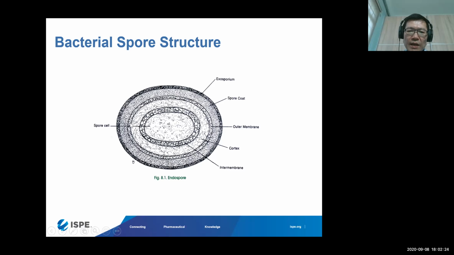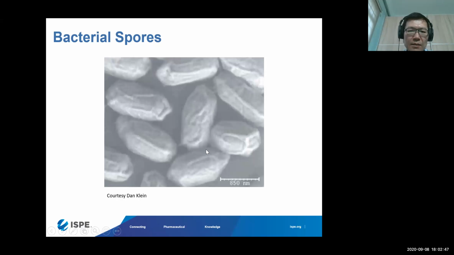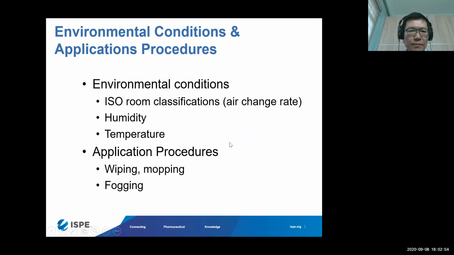So only strong oxidizing agents or some of the strong disinfectants can kill these bacterial spores. Normal disinfectants and sanitizers like alcohols will not be effective. In fact, the spores can survive for a long period of time in alcohols. This is just a scanning electron microscope image of the bacterial spores. You can see the spore structure is well protected.